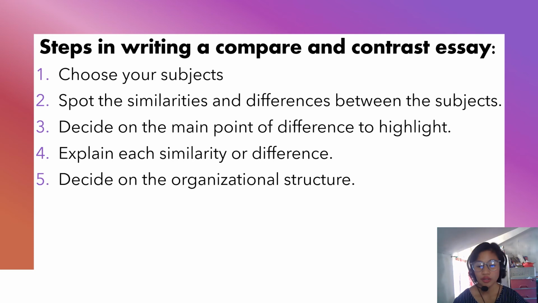You can also use a Venn diagram, just like what I used a while ago to show you how it is being written, so for you to understand it clearly. So you can also use again a Venn diagram to represent the things that are the same and different within the subjects.